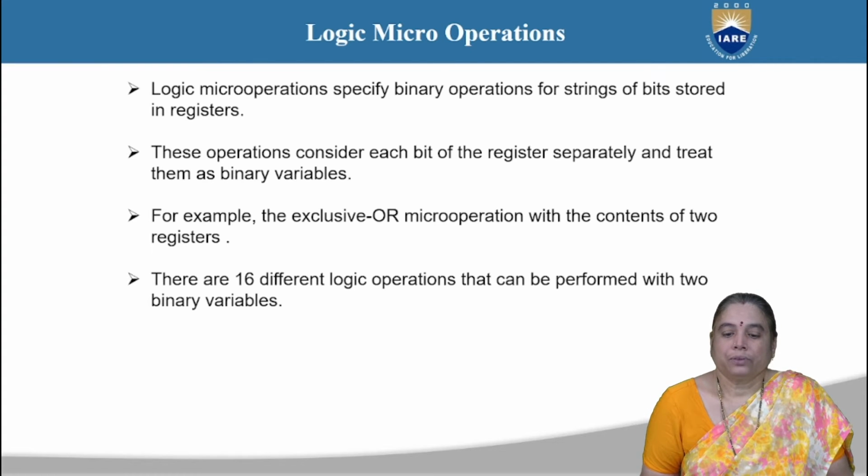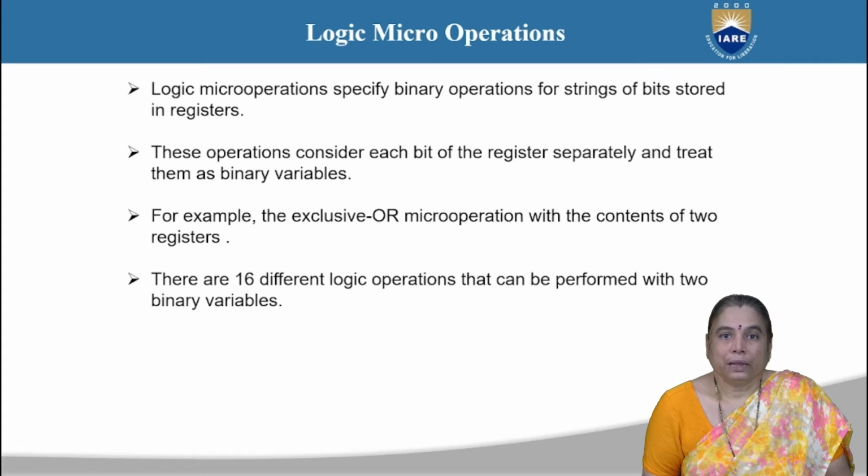So what are the logic micro operations? In the last video, we discussed the arithmetic micro operations. The micro operations are majorly categorized into three types: arithmetic micro operation, logic micro operation, and shift micro operation. The arithmetic operations can be applied on the entire content of the register.